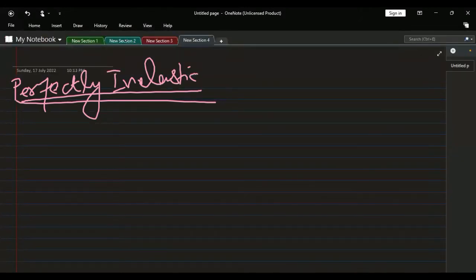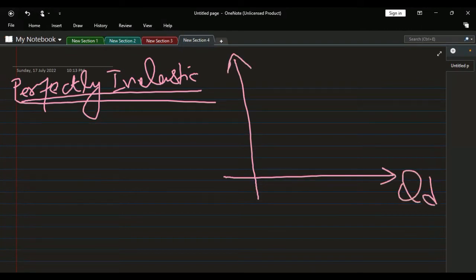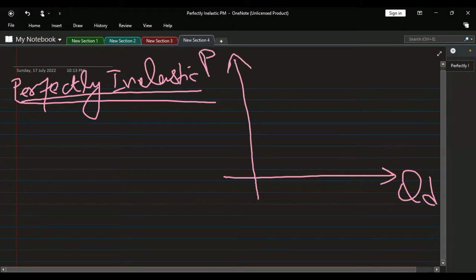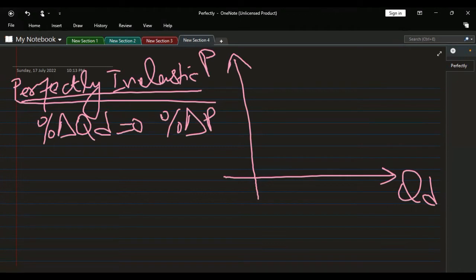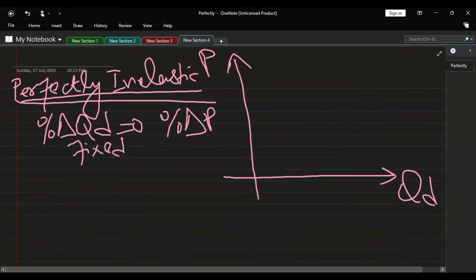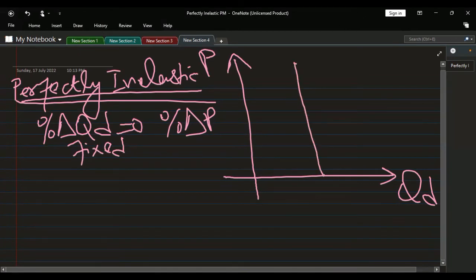It is quantity demanded and price. Perfectly inelastic means that percentage change in quantity demanded is zero as compared to the percentage change in price. That quantity will remain fixed. So it is represented through a vertical line.